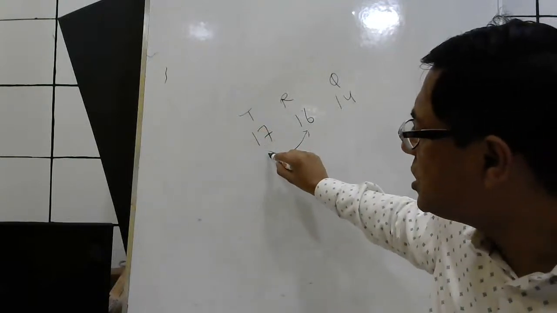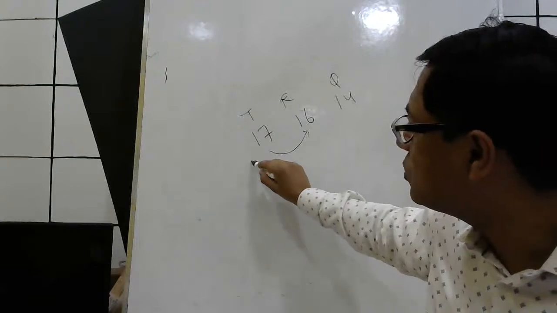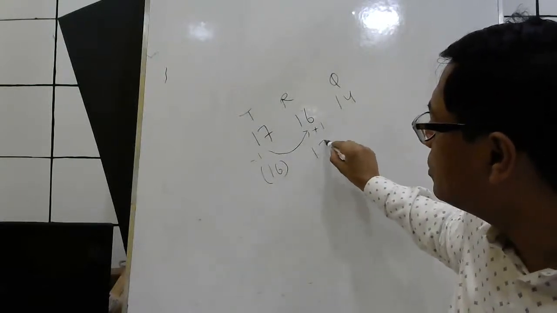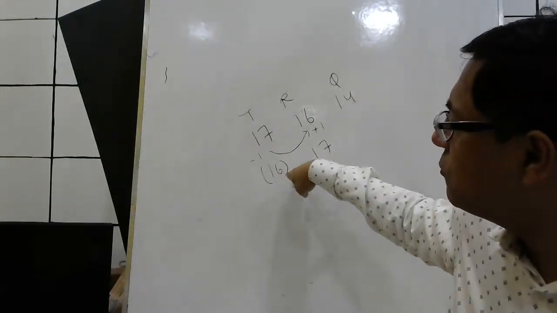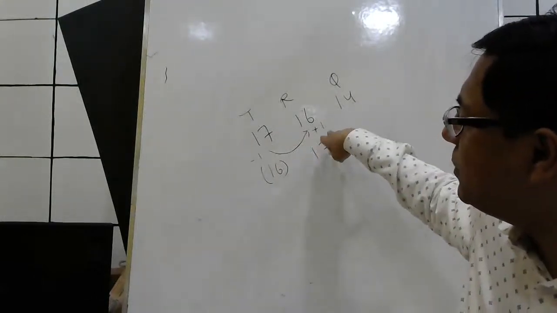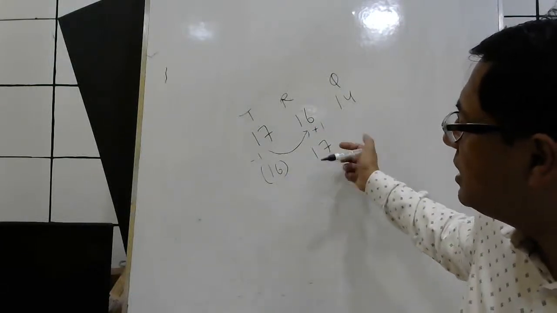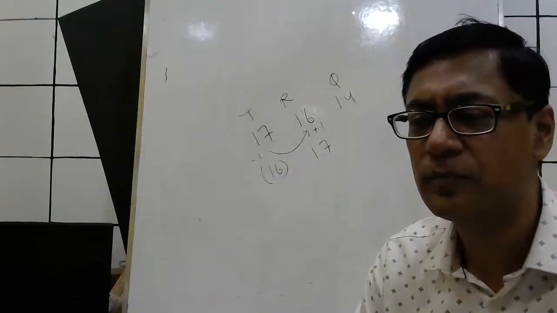So if this person moves here, this becomes 16, which is -1, and this becomes +1. So this entire thing changes. With only one movement, one vote shifting towards this, this will become 16 and this will become 17 and this will become the sole winner. So I hope it is clear to all of you now, right?